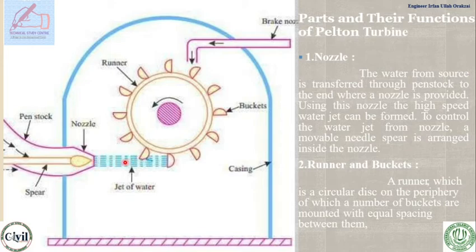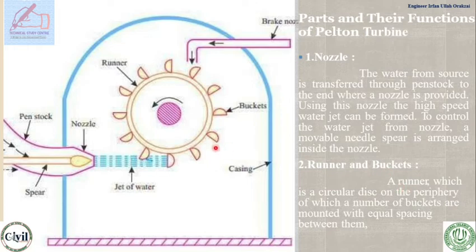This is the jet of water. To control the water jet from the nozzle, a movable needle spear is arranged inside the nozzle. It is used to move backward and forward in order to increase or decrease the area of opening of the jet.